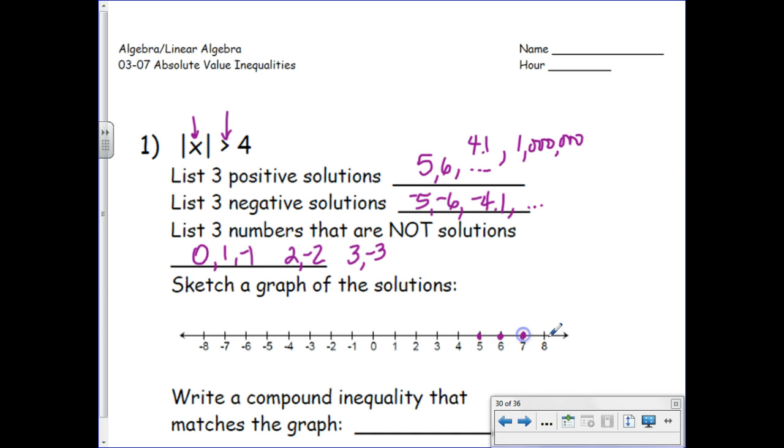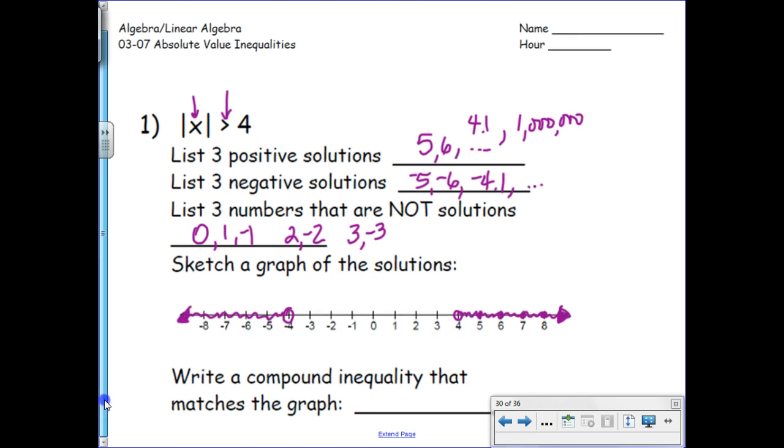And if I look at a number line, in fact, I put an open circle at 4, and you'd basically shade everything to the right. That would work. Okay? Likewise, anything in the negative section, put an open circle at negative 4 and start graphing this way. That would be a solution, but nothing in the middle.